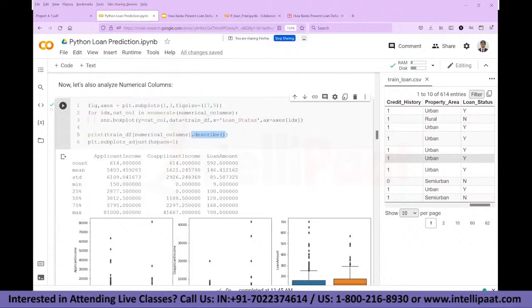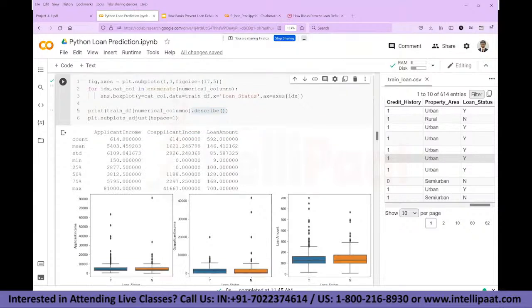It gives the mean, the standard deviation, the minimum, 25th percentile, 50th percentile, 75th percentile, and the maximum in your data. For each column, in this case applicant's income, there are 614 observations, as we know there are 614 entries in my data. The mean is 5403, which means about 5400 is the average monthly income among all the applicants.